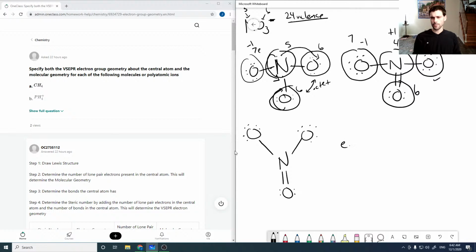Okay, so our electron geometry is AX3 because there's only 3 bonded partners. And so that's trigonal planar.